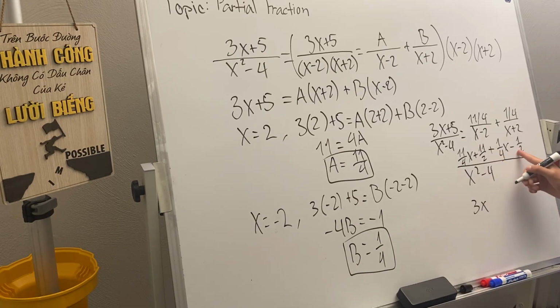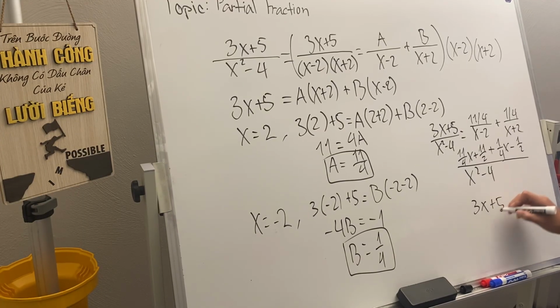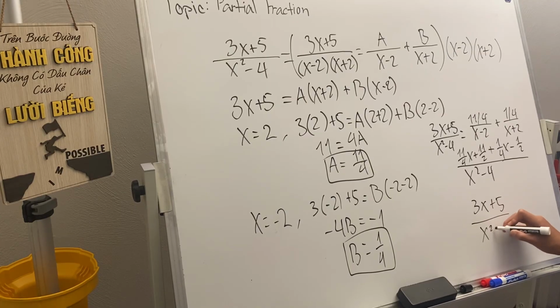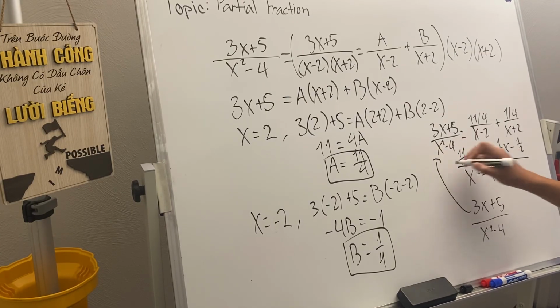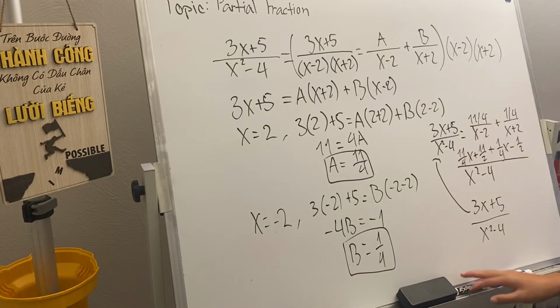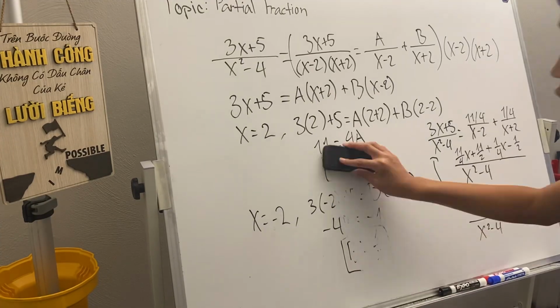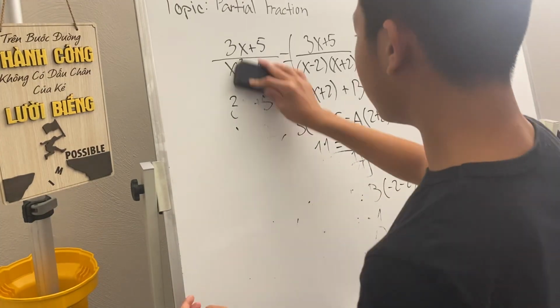Then this minus this, 11 minus 1, which is 10. 10 over 2 is 5. Then the bottom, we keep it the same. That is right. So yeah, that's our first example. Very clear and straightforward, right?